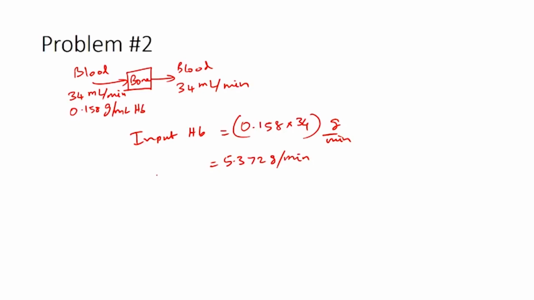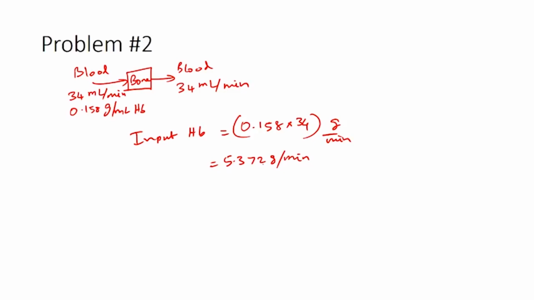So, we now have the mass of hemoglobin which is entering the system. However, we know that 4 molecules of oxygen are attached to 1 molecule of hemoglobin at 100% saturation. So, we need to know the number of moles of hemoglobin, so that we can calculate the number of moles of oxygen which is being carried by 100% saturated hemoglobin.